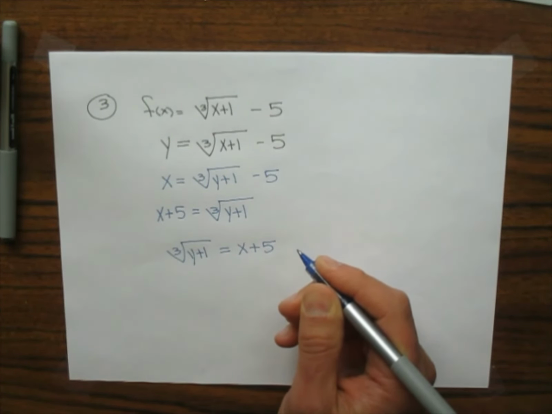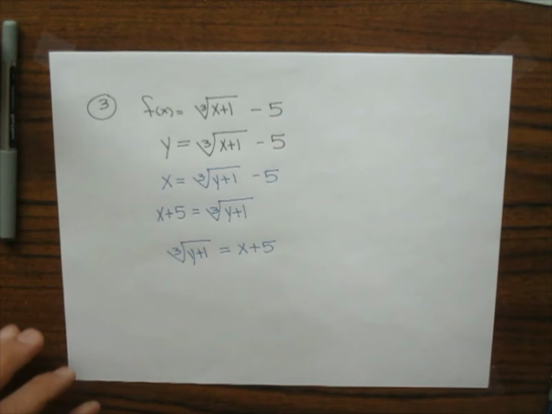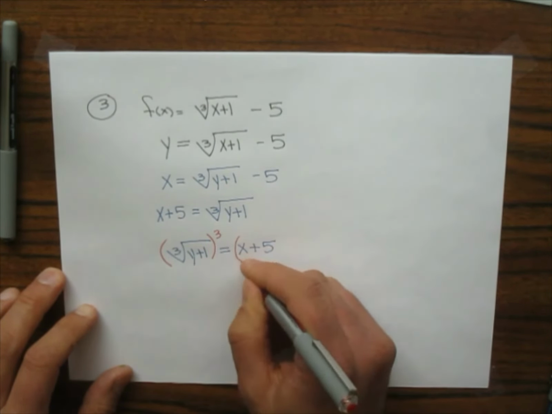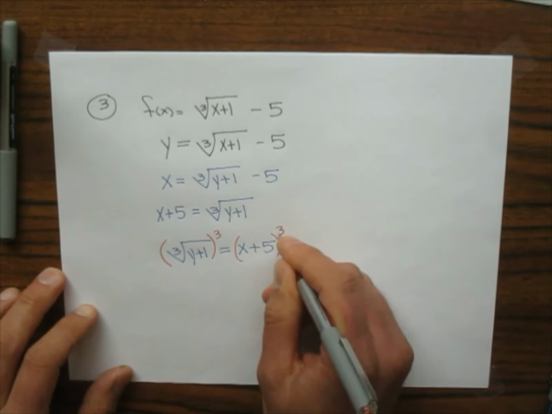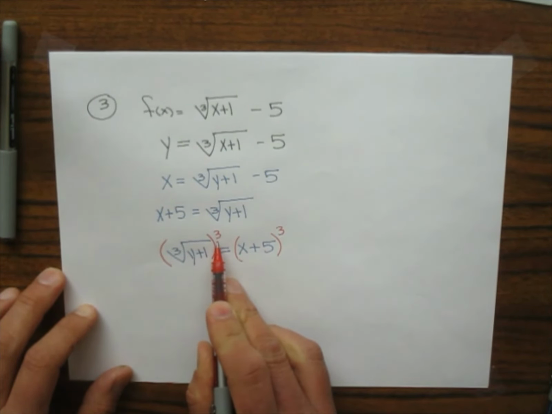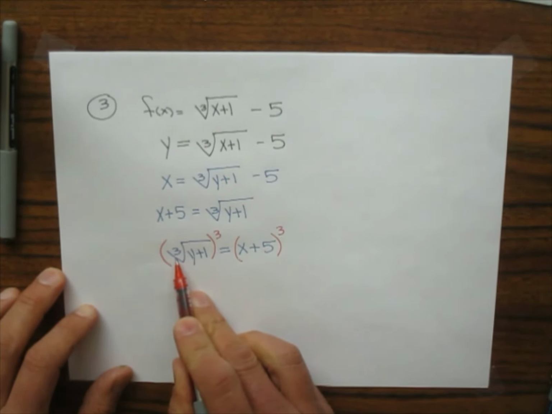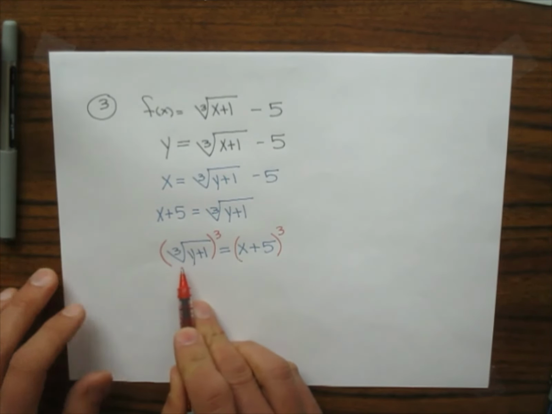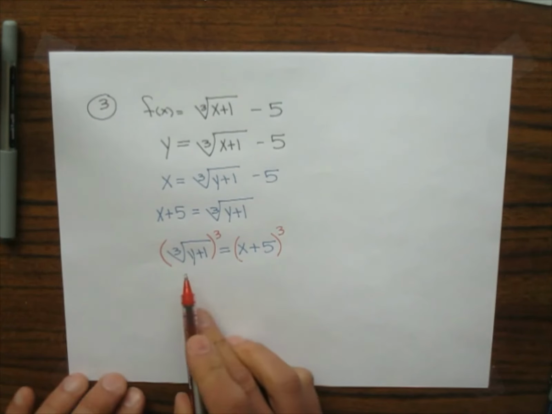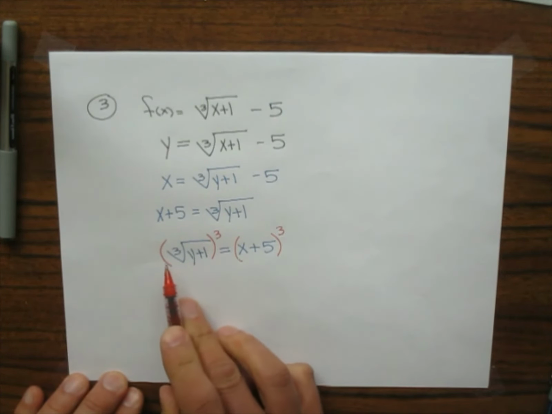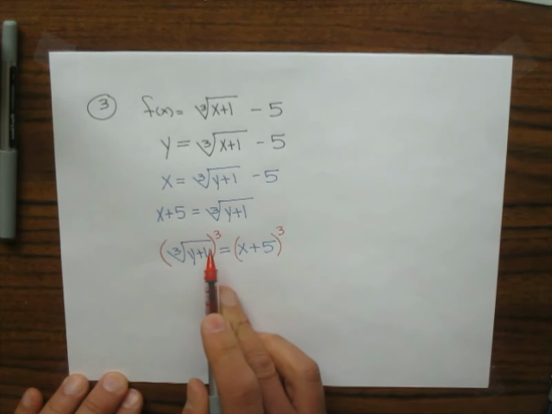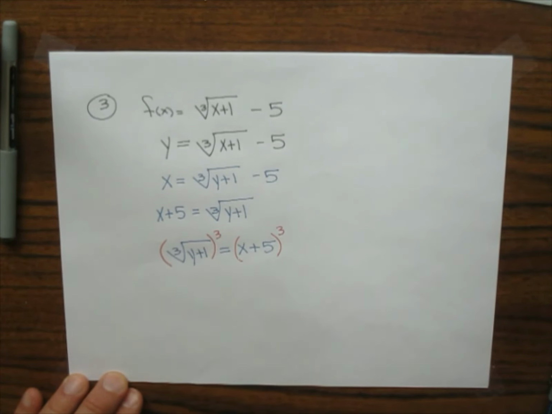Okay, my next step is I'm going to cube both sides. The reason I cube both sides is because the cube will kill off that cube root. It will write 3 copies of this, and when you have 3 copies of a cube root, it just becomes the 1 power. You could also say the cube root is the 1/3 power, and so you have 1/3 times 3, which gives you 1.